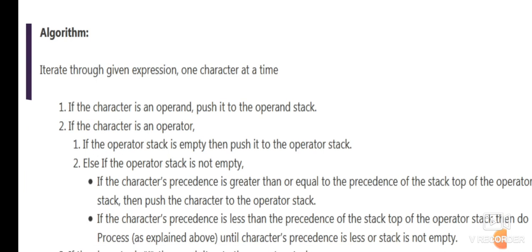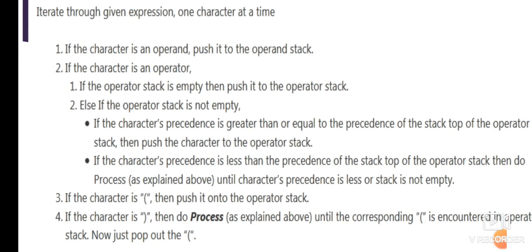The next algorithm: iterate through the given expression one character at a time. The steps are as follows. First, if the character is an operand, push it onto the operand stack. If the character is an operator and the operator stack is empty, then push it onto the operator stack.